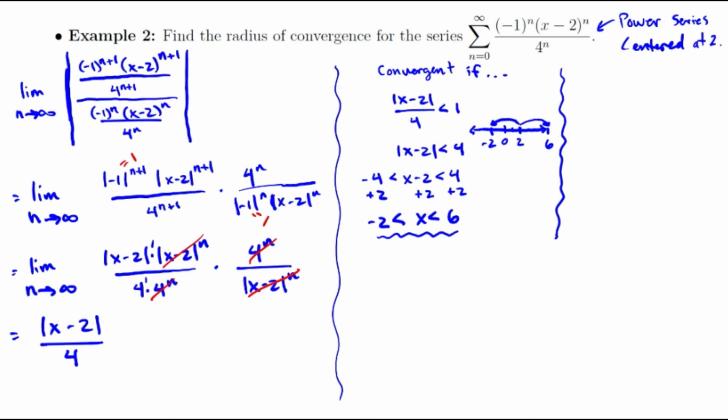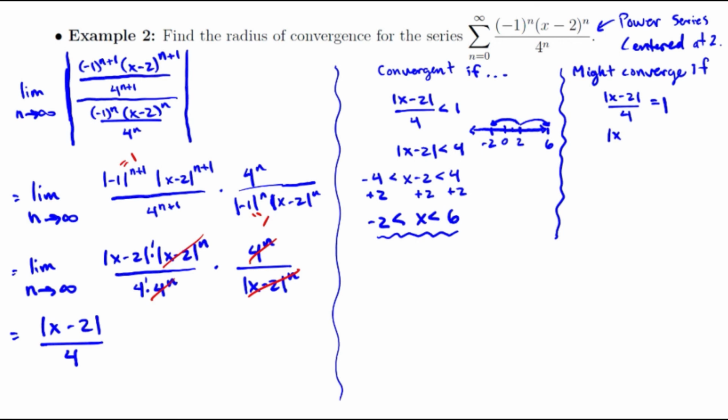So we're also going to say that it might converge if (x minus 2) over 4 equals 1. When the limit equals 1, we don't really know.